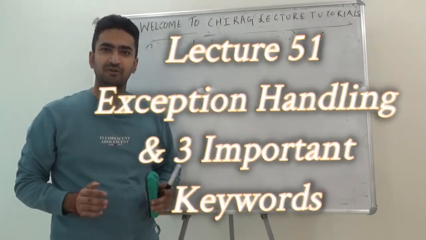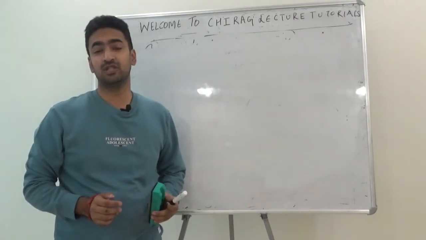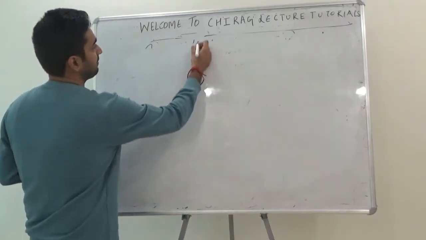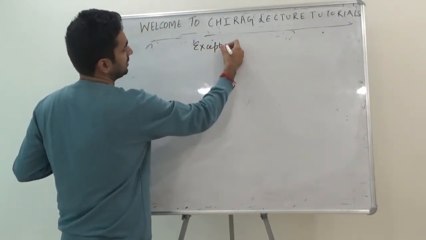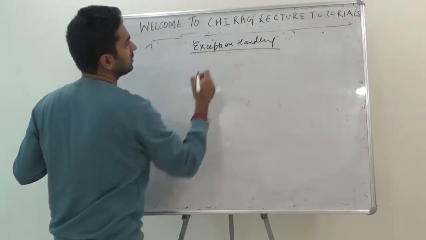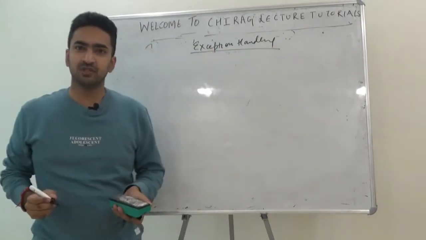In this video we are going to discuss the concept which is actually separating C++ from C. It is the concept of exception handling. So when I talk about the word exception, what are exceptions?